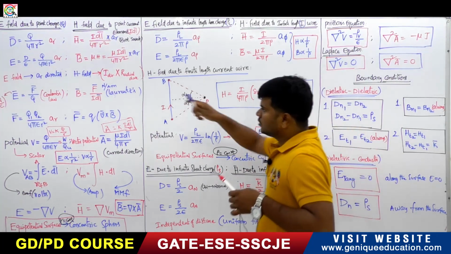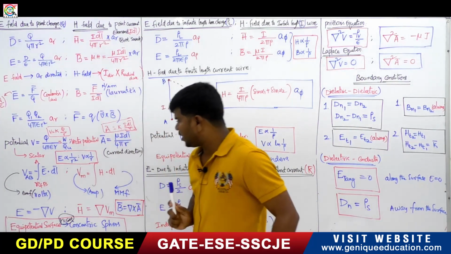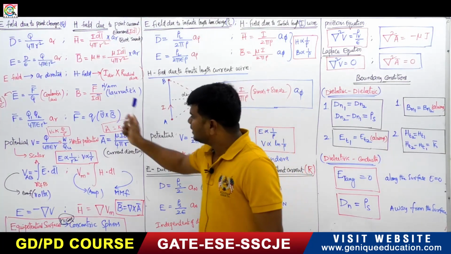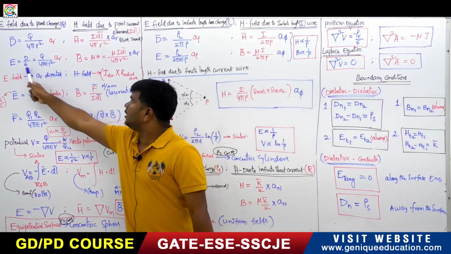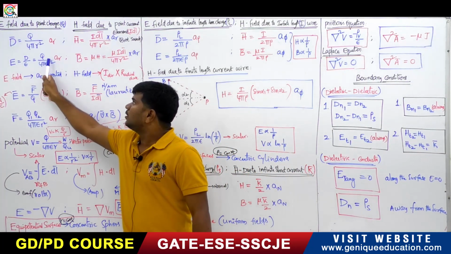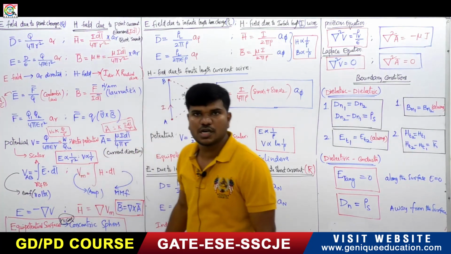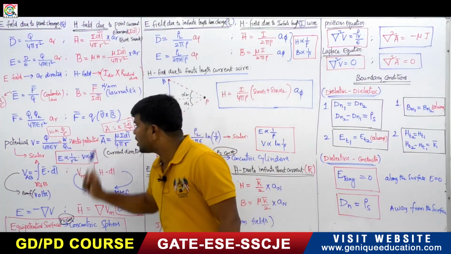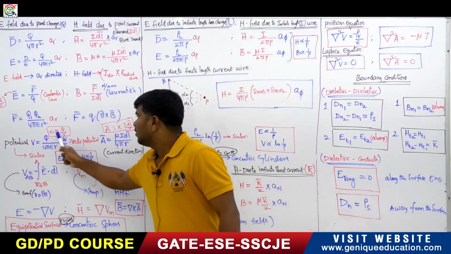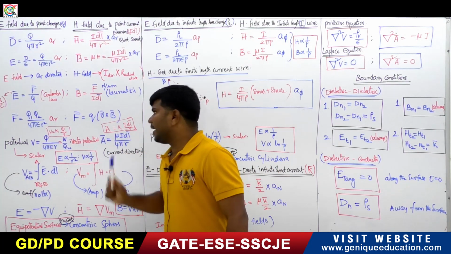So from these relations we came to understand that the electric field is proportional to 1 by r square. Now what will be the potential? The potential V is proportional to 1 by r.